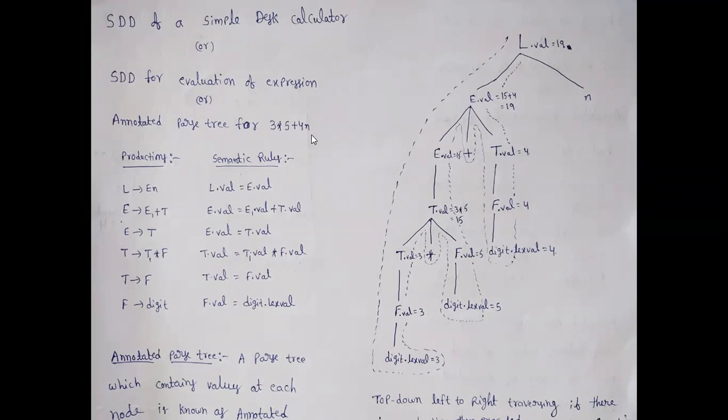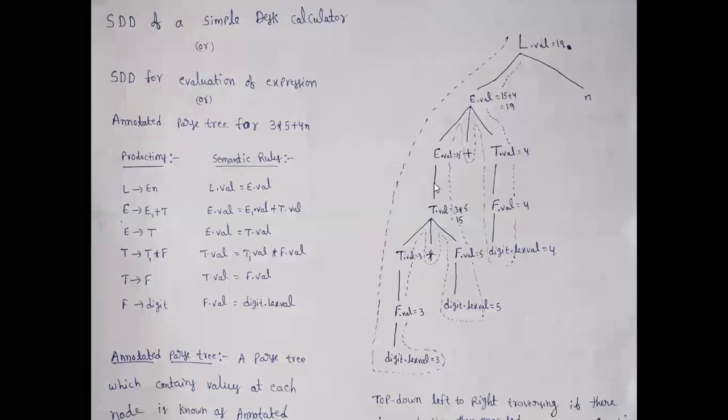So in our expression 3 star 5 plus 4, but in this 3 star 5, in this production E produces E plus T only.